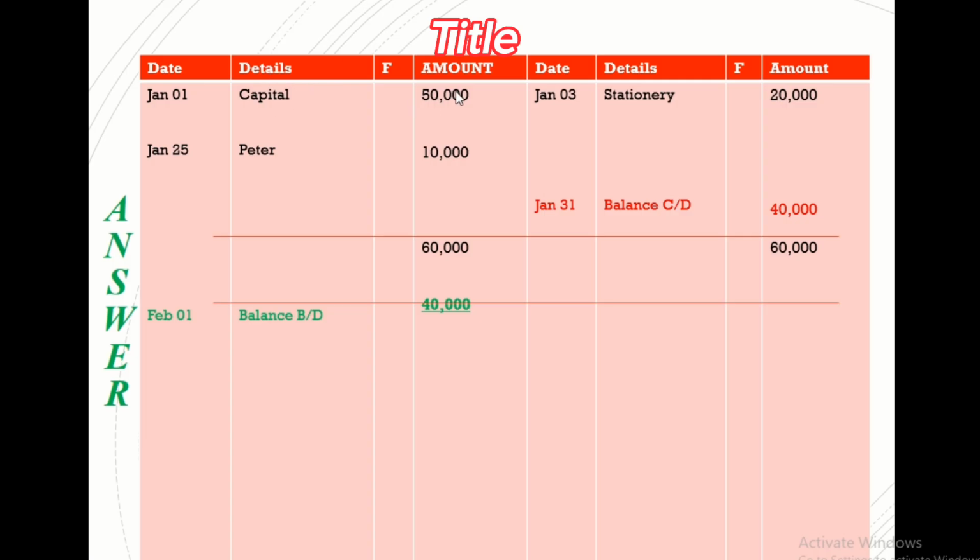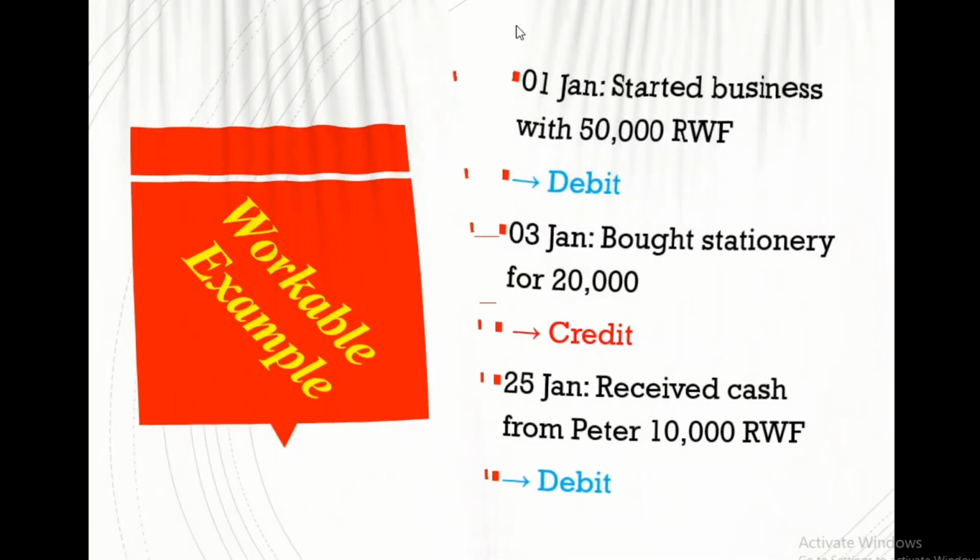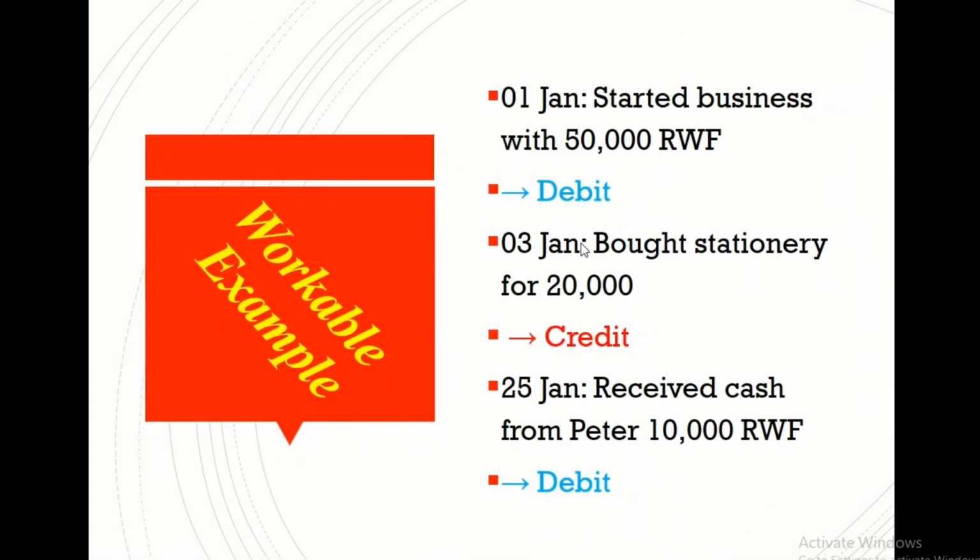This amount of money is recorded on the debit side because it is the amount of money that the business is receiving in terms of capital. But remember, on the 3rd of January, you can see that there was a spending.